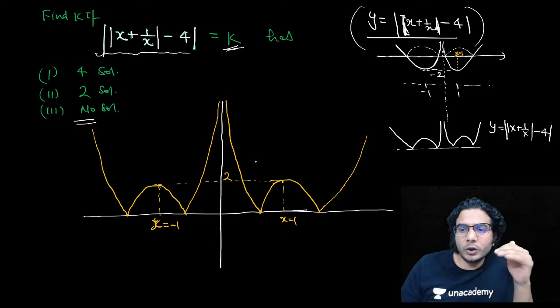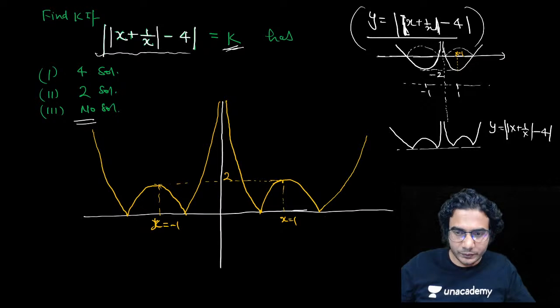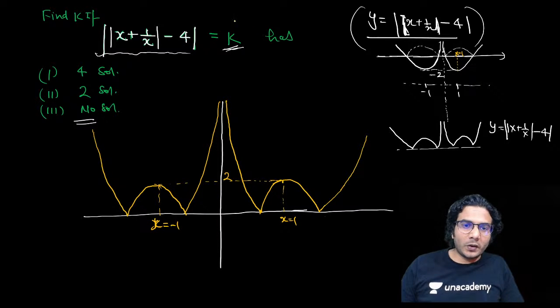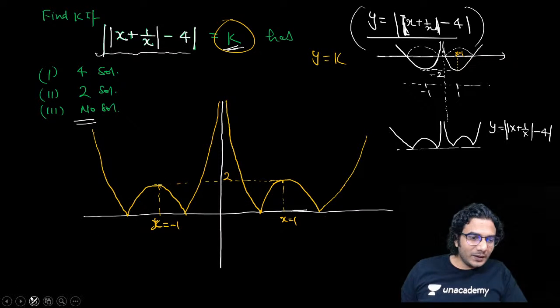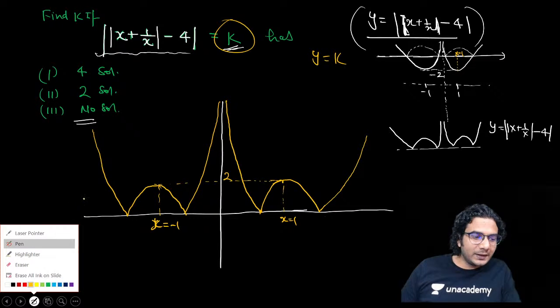And of course, it should be 2 because that was minus 2, and then when it comes up, it will become plus 2, right? So it was 2. Now we need to draw the y is equal to k line. It's a horizontal line. So for four solutions, what are the values of k?